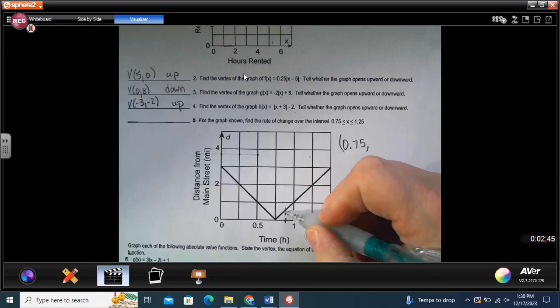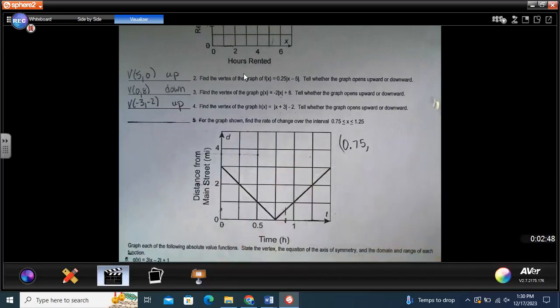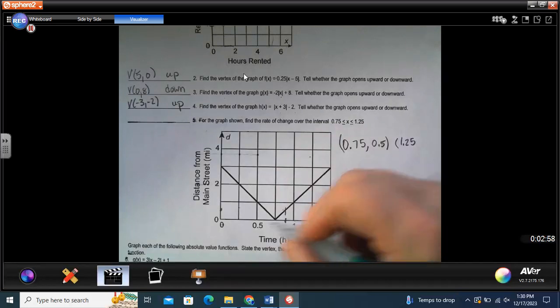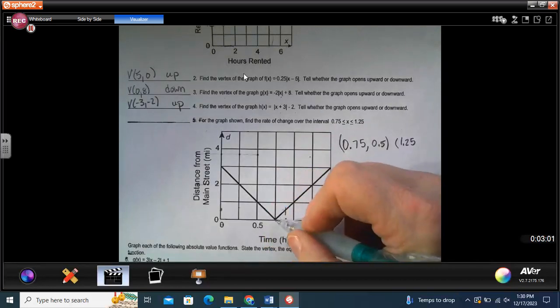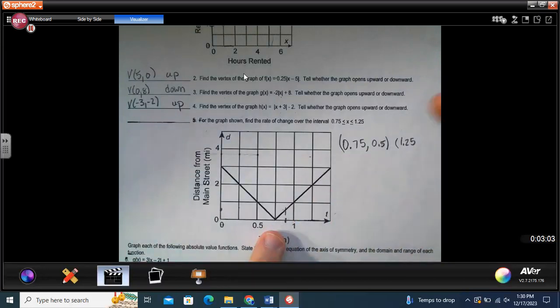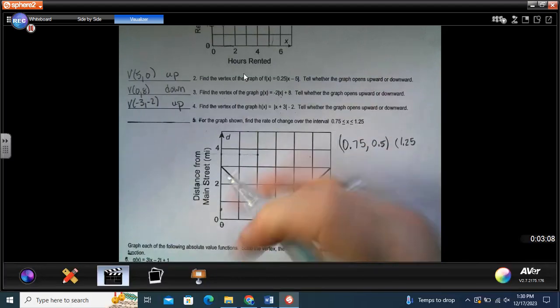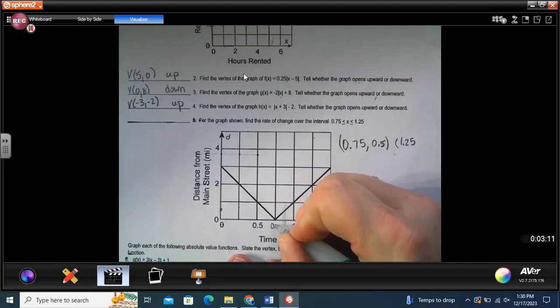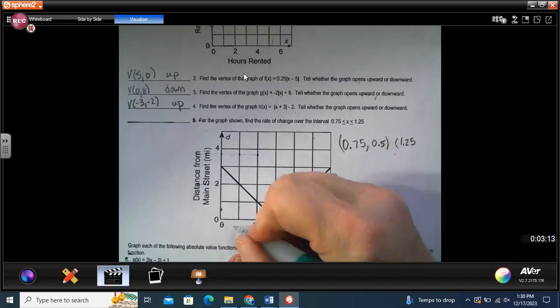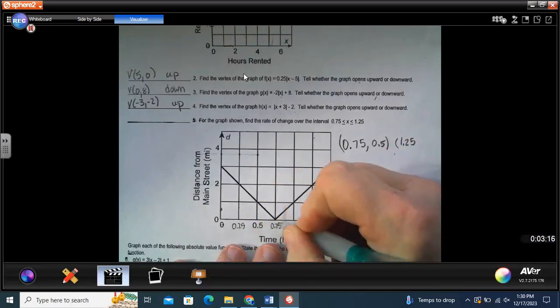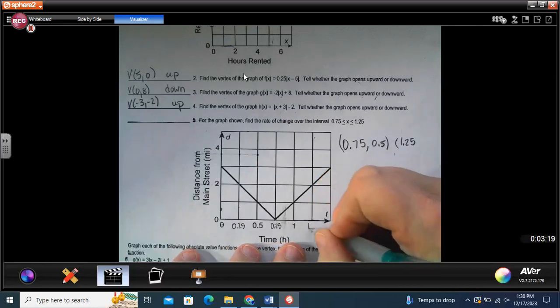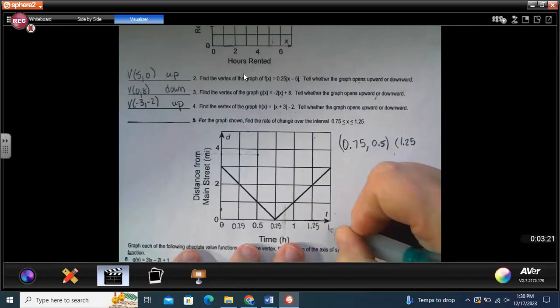It looks like that value would be probably a half, 0.5, and then 1.25, let's see, 0.25, 0.5, 0.75, oh, 0.75, I'm sorry, I read that graph wrong. 0.75 would be right here, right? This is 0.25, 0.5, 0.75, 1. So this would be 1.25, and then over here would be 1.5.